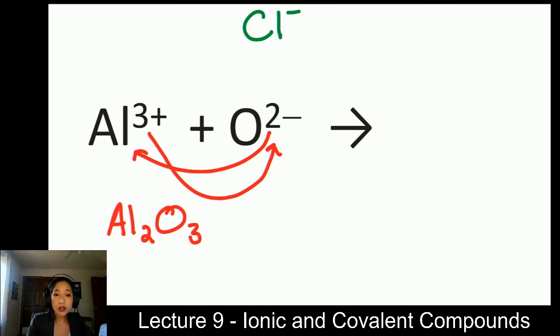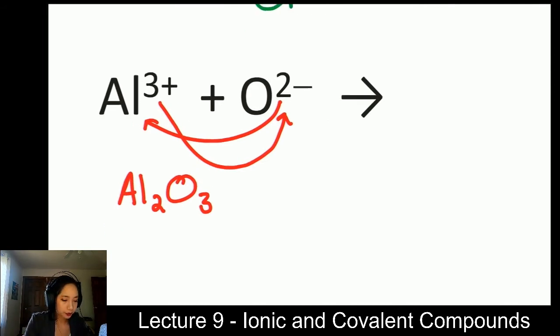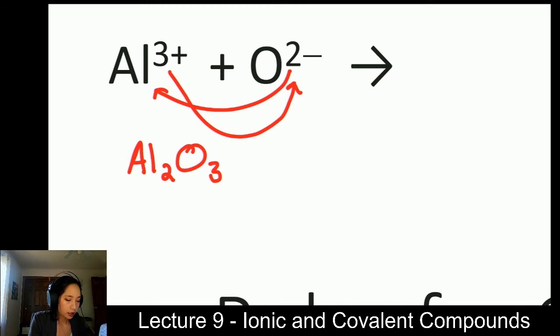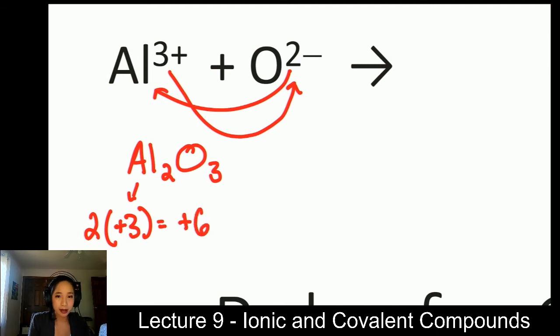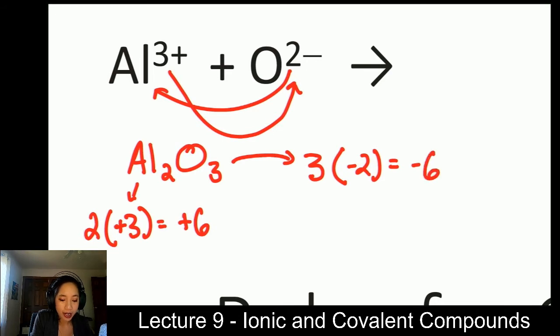But you can also check your work here. If we check our work, there's 2 aluminums. Each aluminum has a 3+ charge, so all the cations equal +6. Oxygen, on the other hand, there's 3 oxygens, and each of them has a -2 charge, and so all of the anions have an overall -6 charge.